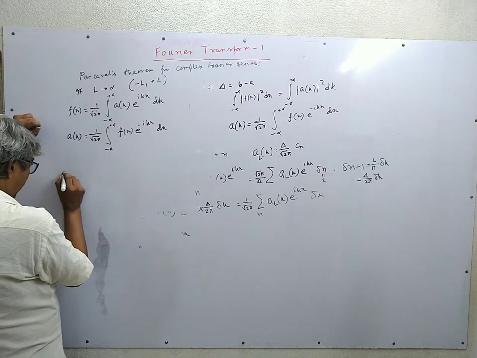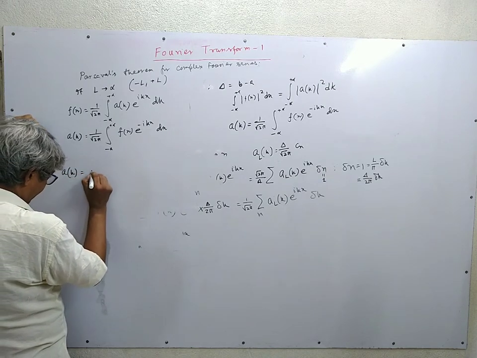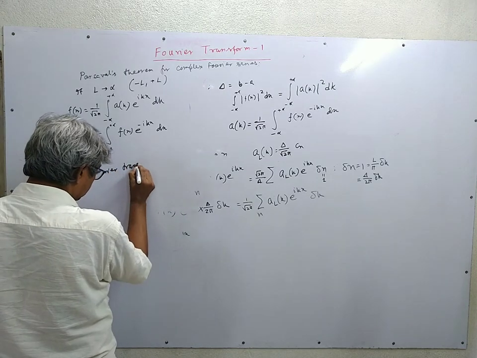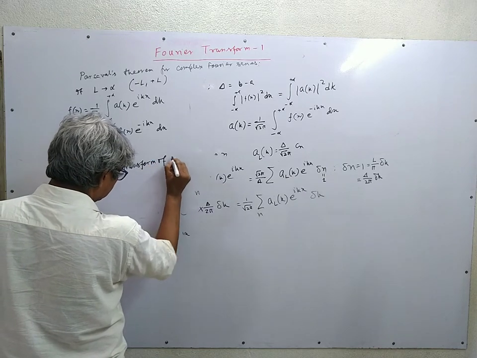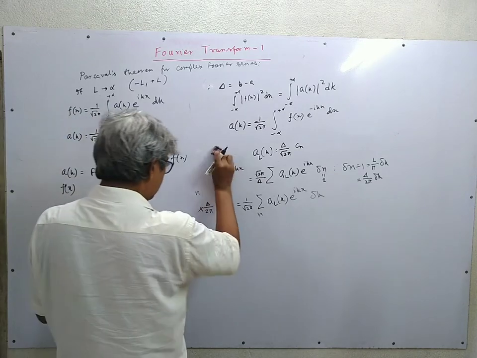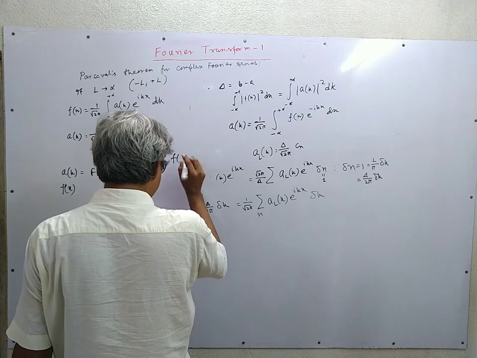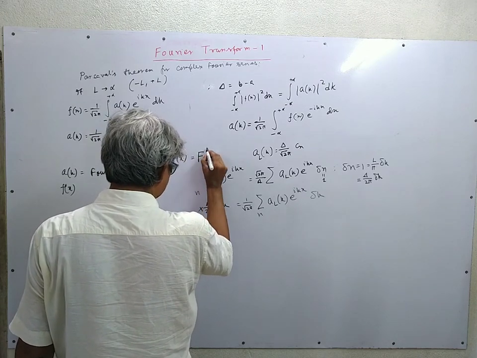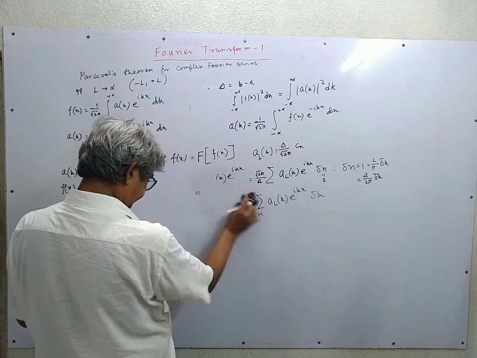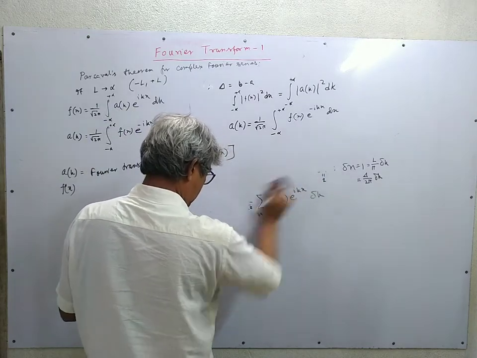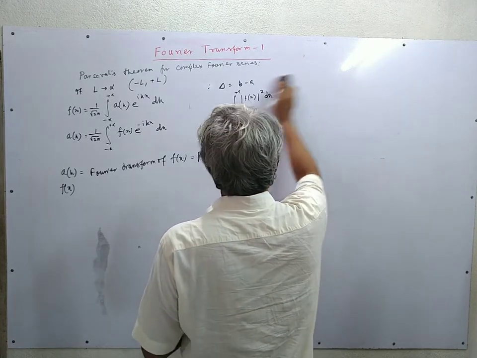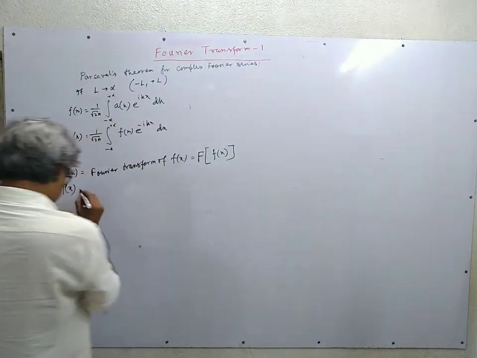If generally we call a of k the Fourier transform of f of x, then f of x is the inverse Fourier transform, and one generally uses the notation like this.